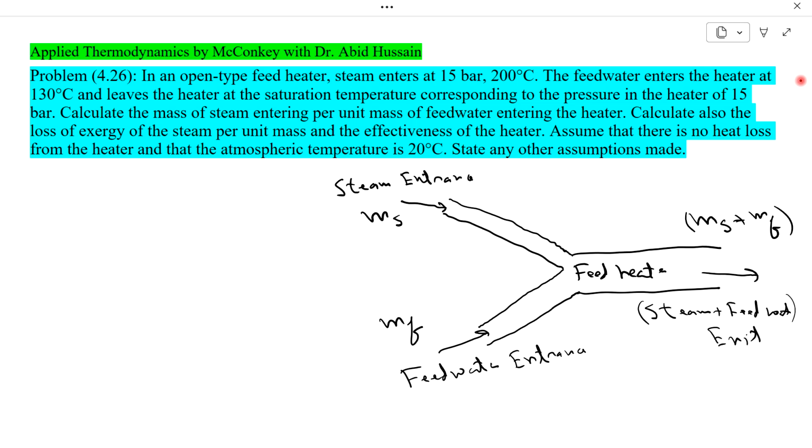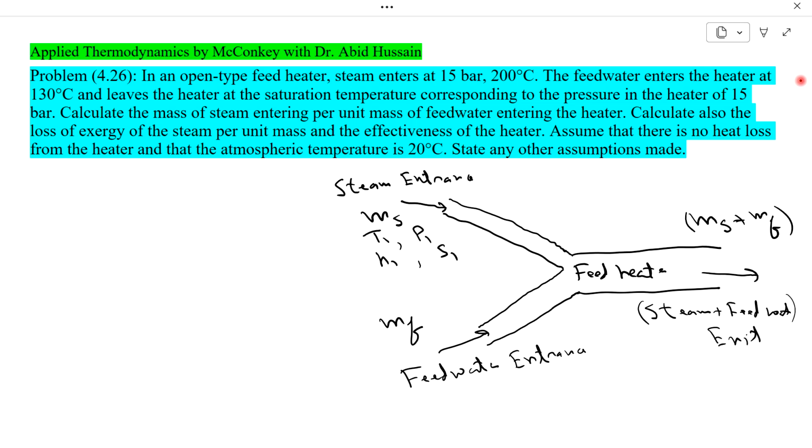Similarly, let the temperature of steam entrance be T1, pressure P1, enthalpy H1, and entropy S1.